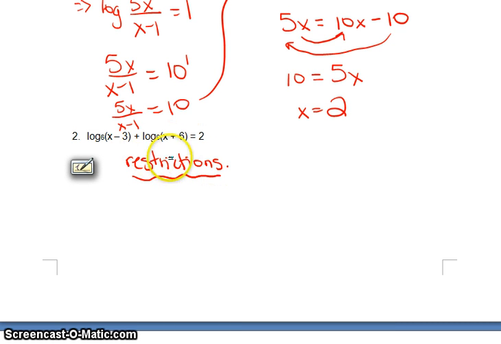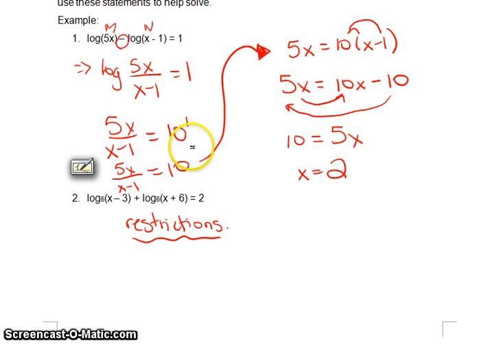So from here, our restrictions, remember we're just going to be looking at this m and n term, those ones cannot be equal to 0 or be a negative number. So what we're going to do first is, normally when you find any restrictions, we set those terms equal to 0. So we'd have 5x is equal to 0, and we also have x minus 1 is equal to 0. So when we solve, we divide each side by 5, so we have x is equal to 0.